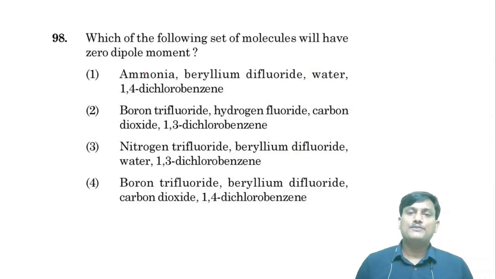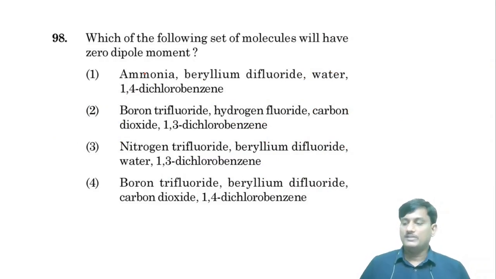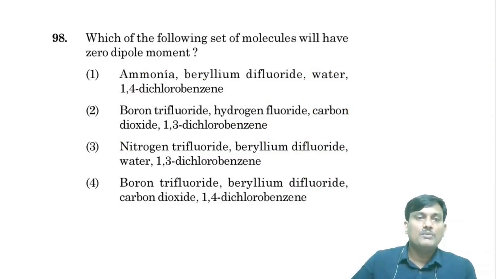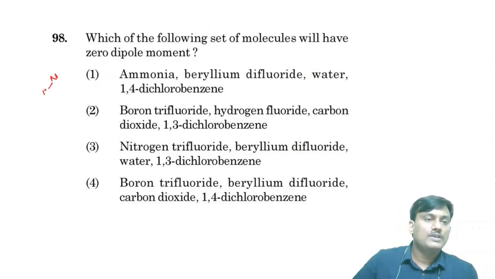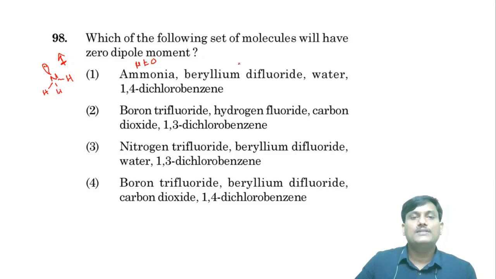Which of the following sets of molecules will have zero dipole moment? Ammonia. We know that NH3 has a pyramidal shape, and this is the direction of the dipole moment. Here mu is not equal to 0. And beryllium difluoride, where mu is equal to 0, means you can eliminate this option directly.